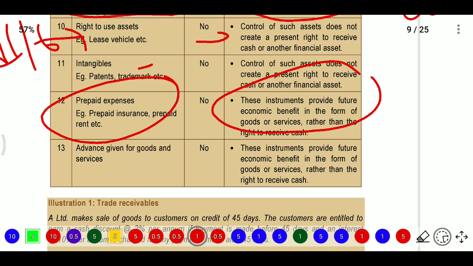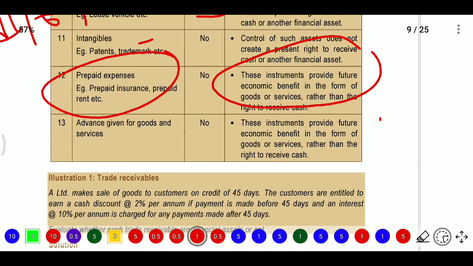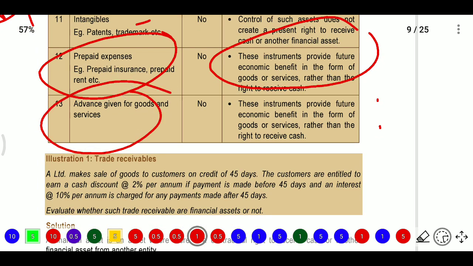If you paid the rent in advance, you will get that service only, not any financial assets or cash. Only when we are getting cash, financial assets, or a right to receive financial assets, will it become a financial asset. Advance given for goods or services is also not a financial asset, because here we will not get any right to receive cash.